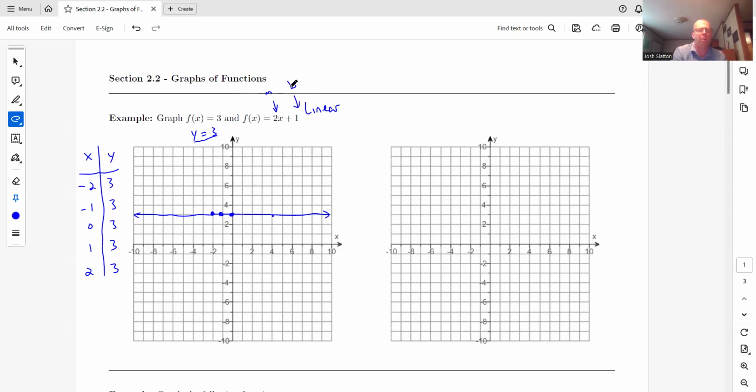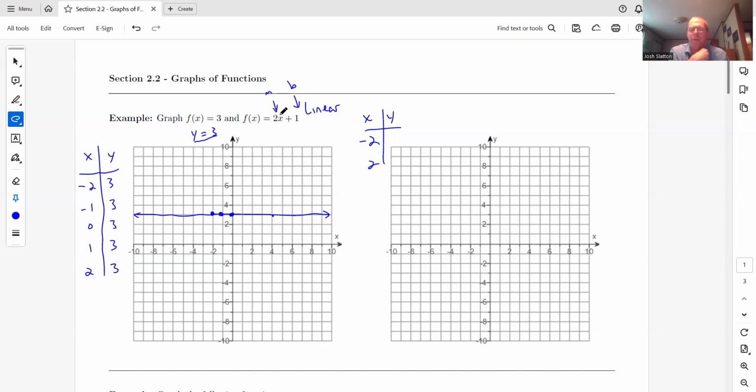And when you're on WebAssign, you really just have to plot 2 points. Any 2 points make up a line. So just pick two values of x, and then plug them in.